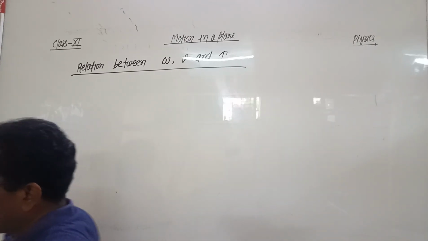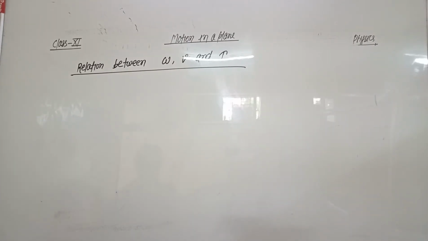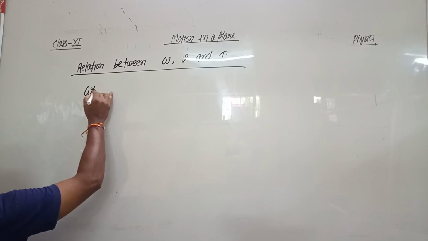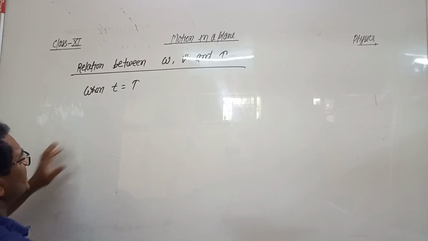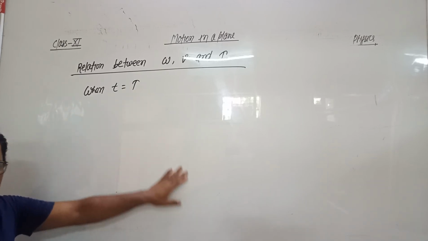So this is the relation between angular velocity, frequency and time period. When t equals capital T, the time taken is equal to the time period.